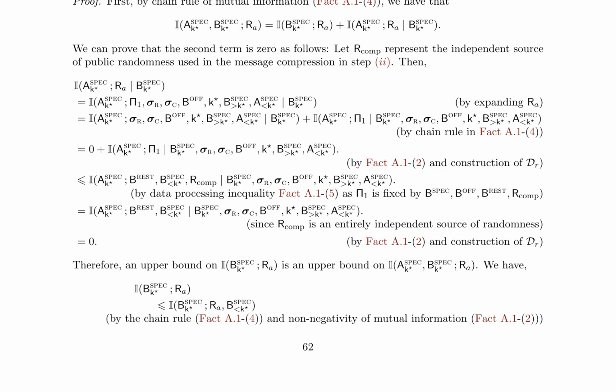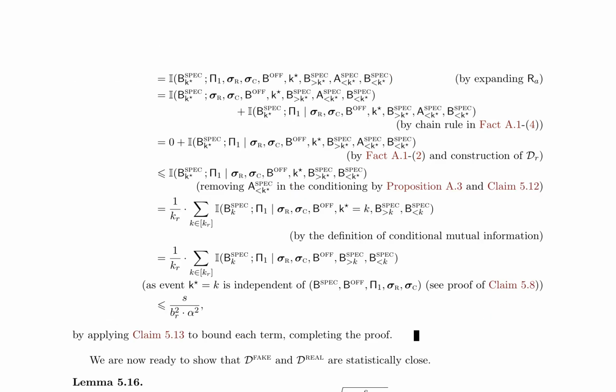The authors present a series of mathematical derivations and proofs to establish the statistical closeness of two distributions, D_real and D_ideal.